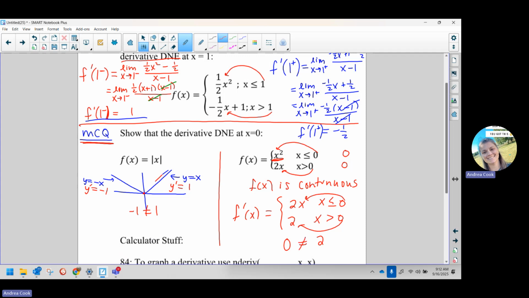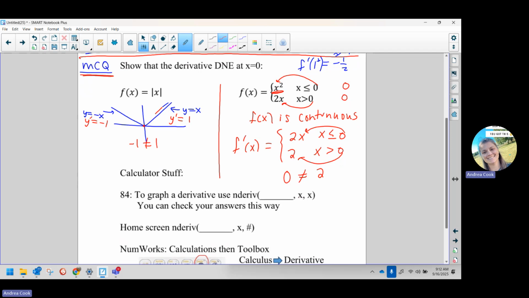So that means that F of X is not differentiable at X equals 0. So F is continuous at X equals 0, but it's not differentiable. So that's how you can kind of show the shortened way.